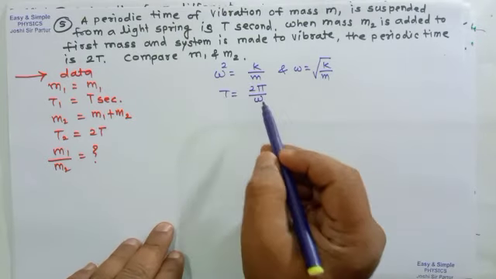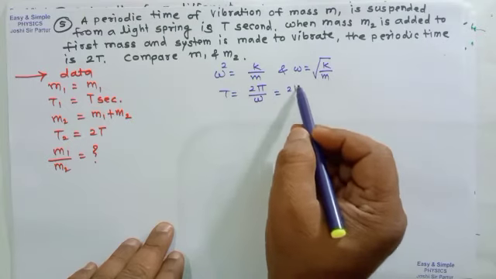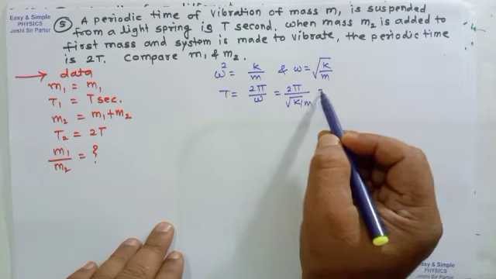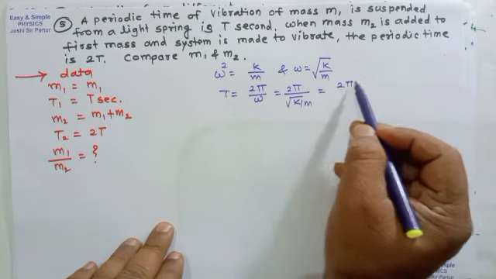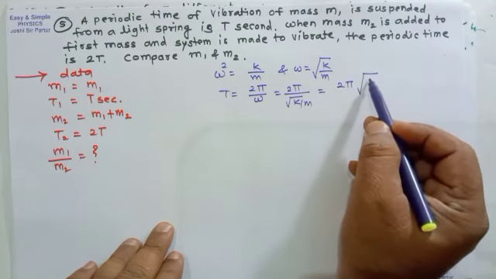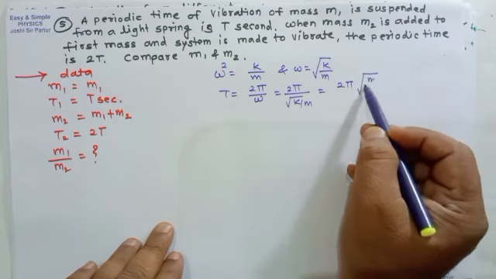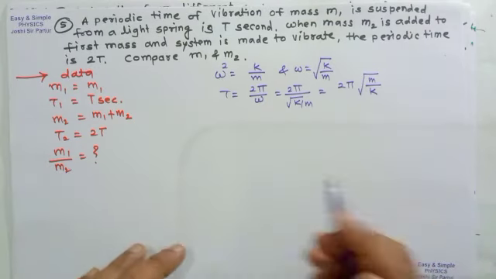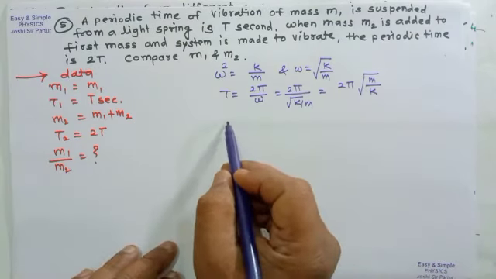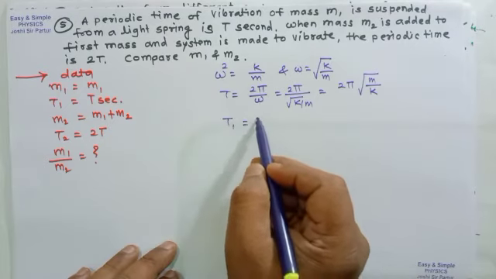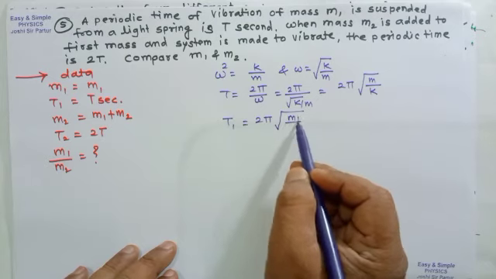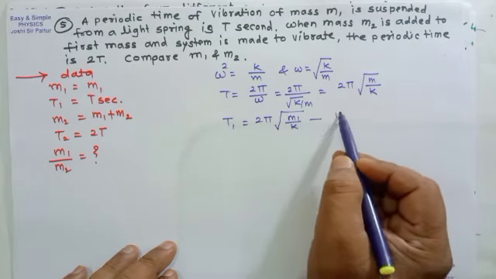By substituting the value, it becomes 2 pi upon the square root of k upon m, which is 2 pi square root of m upon k. For the first mass, the time period is t1. So t1 is 2 pi square root of m1 upon k. Suppose this is equation number 1.